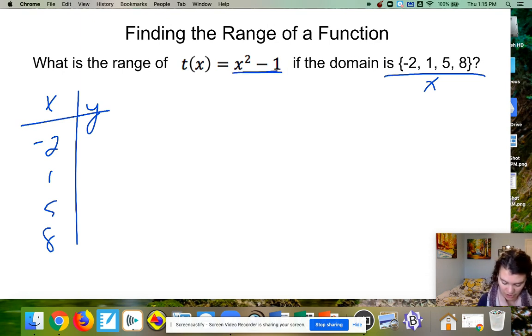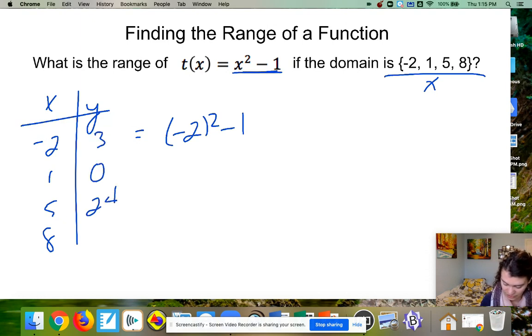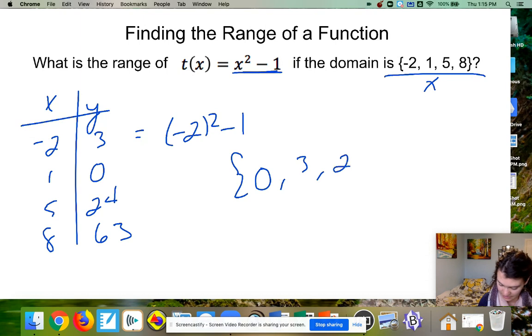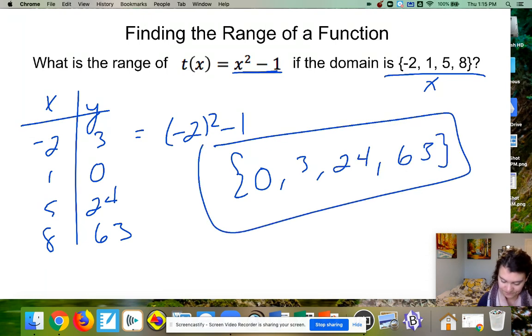If I was going to do the -2, we'd have -2 squared minus 1 and figure out what that is. You'll get 3, and then do that with all the rest of them. We'll get 0, 24, and 63. So your range would be 0, 3, 24, and 63 if we list them from smallest to biggest. And that'd be the range of your function.